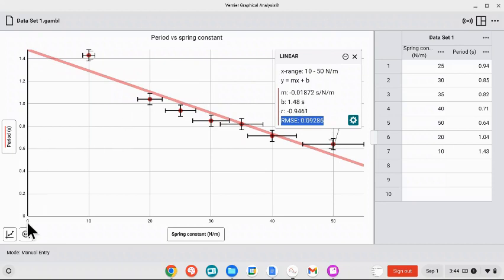So what that intercept would physically mean is if you have a spring constant of 0, that would mean we'd have a y-intercept of 1.5 seconds. That makes no sense whatsoever.